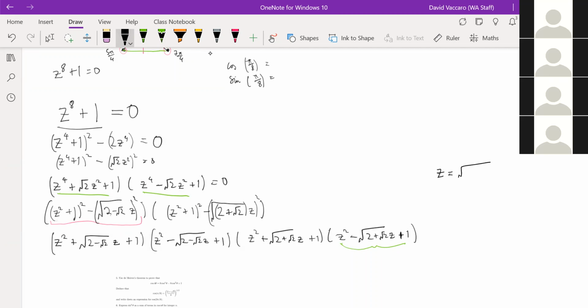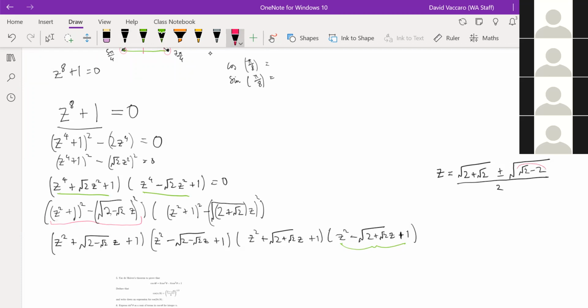So that's root 2 plus root 2, plus or minus the square root of b squared, which is 2 plus root 2, minus 4ac, so minus 4. So that's root 2 minus 2, all over 2.